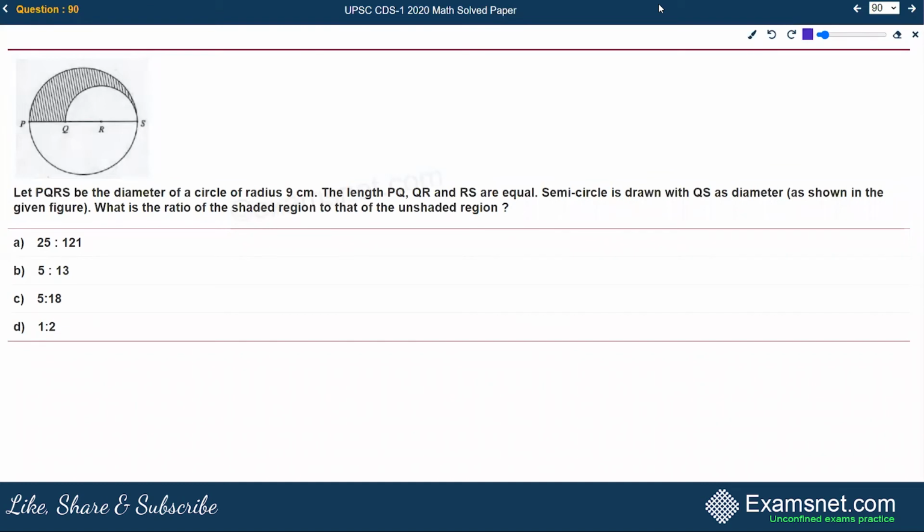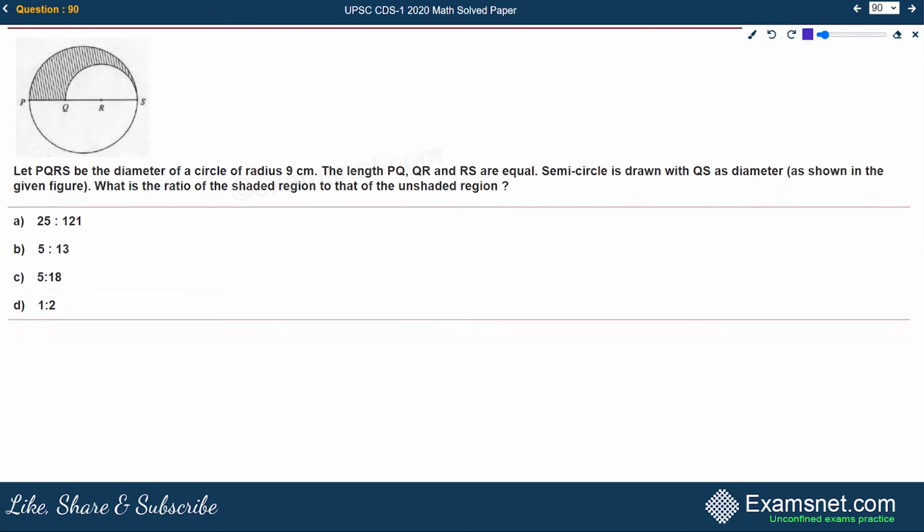In question number 90, we are given a diagram, and the question is associated with that. Let PQRS be the diameter of a circle of radius 9 centimeter. The length PQ, QR and RS are equal. Semicircle is drawn with QS as diameter as shown in the given figure. What is the ratio of the shaded region to that of the unshaded region?